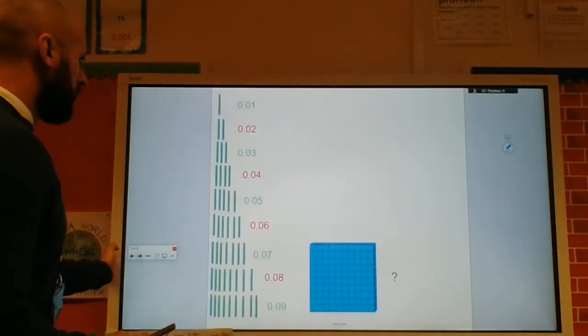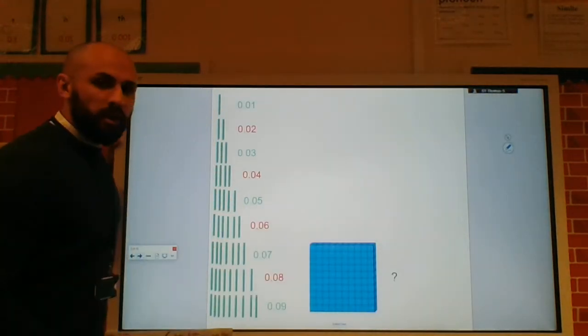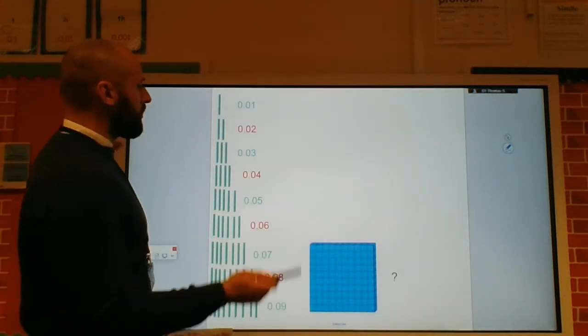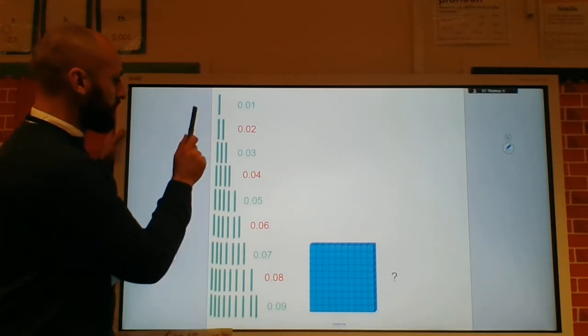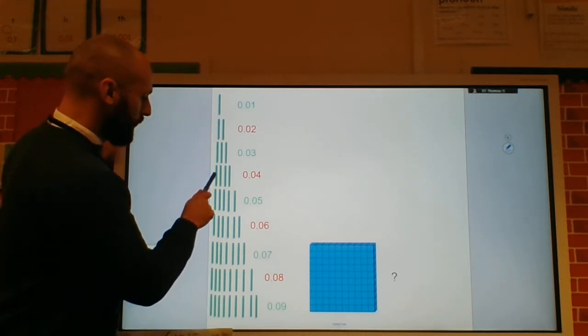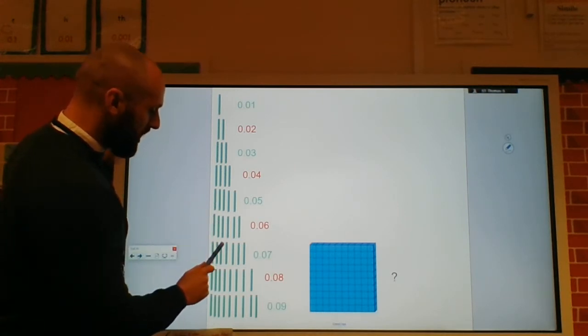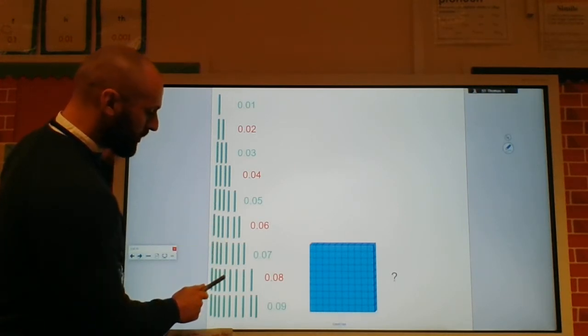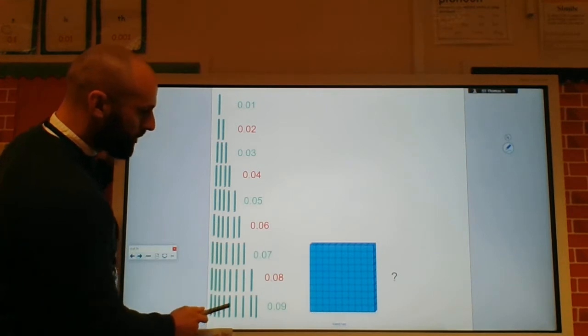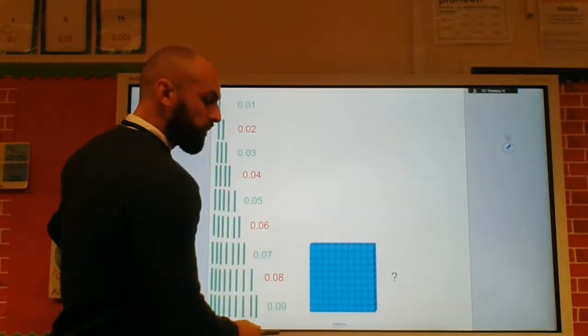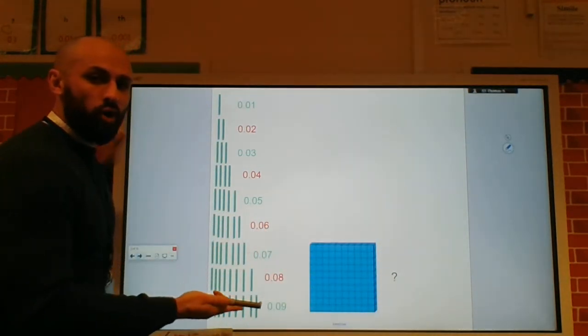So, again, I do the same thing here. I count along. 200ths, 300ths, 400ths, 500ths, 600ths, 700ths, 800ths, 900ths. Well, what happens when I get to 10 hundredths?